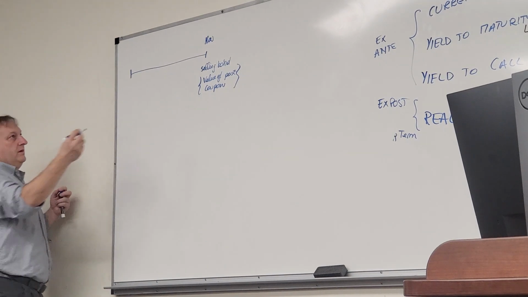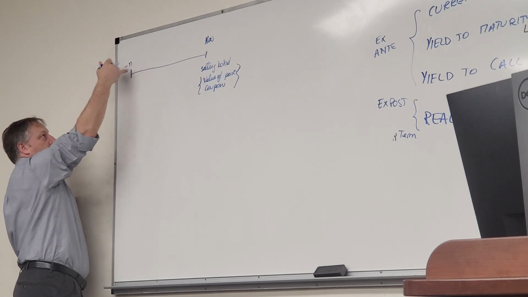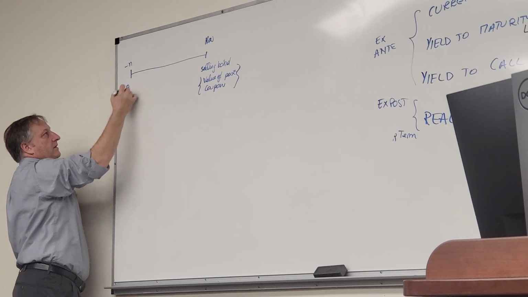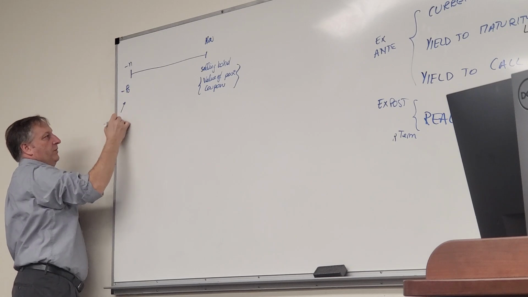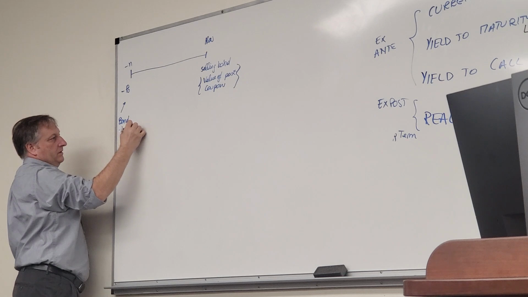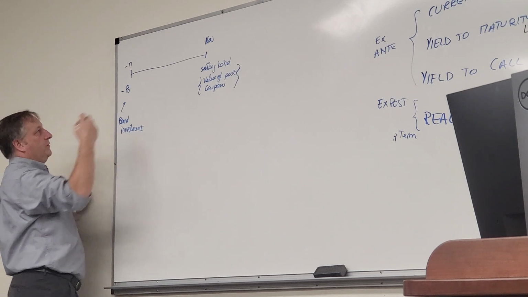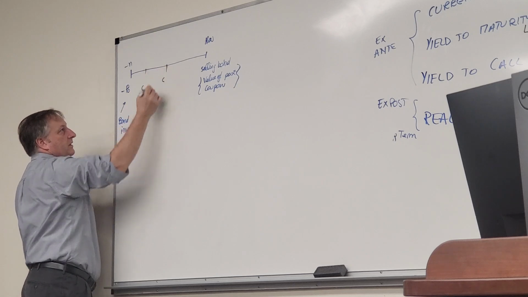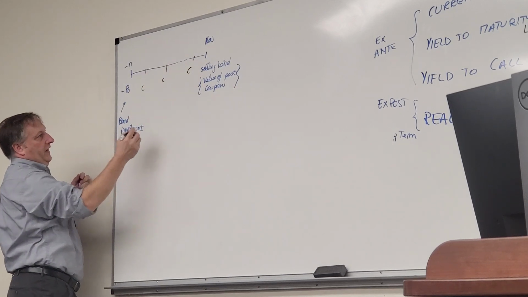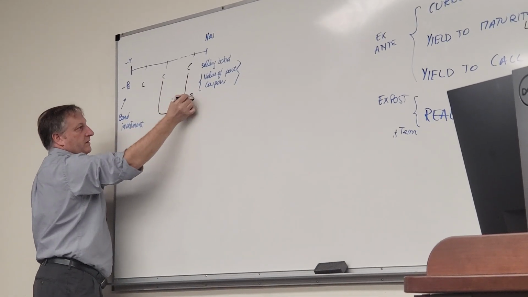And this is many years ago when the bond was acquired. So this is my bond investment. And over time, I collected some coupons. And some of those coupons were reinvested.